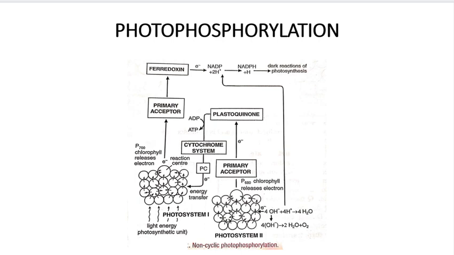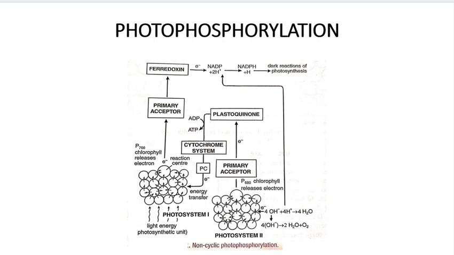As you have studied in your previous class, the light energy is absorbed by the two photosystems, and through the arrows you can see the reaction center from where an electron has been expelled. The electron expelled by the reaction center pigment molecules is not returned back to them. That is why it becomes non-cyclic.